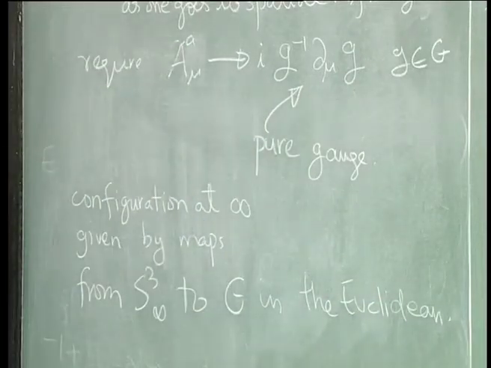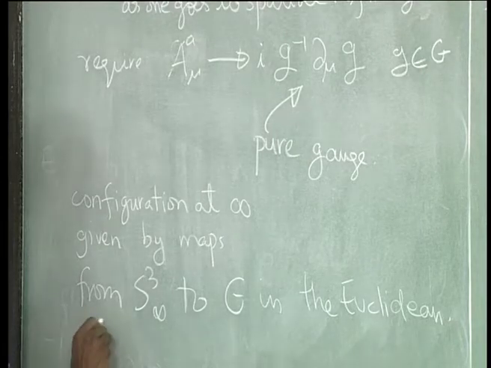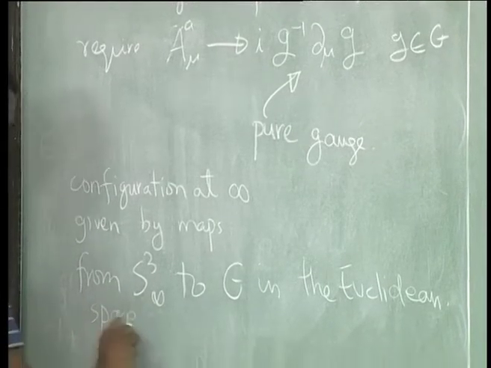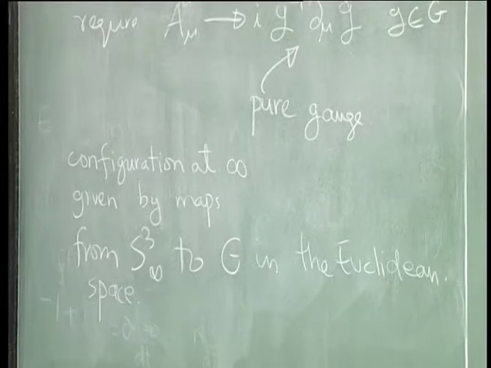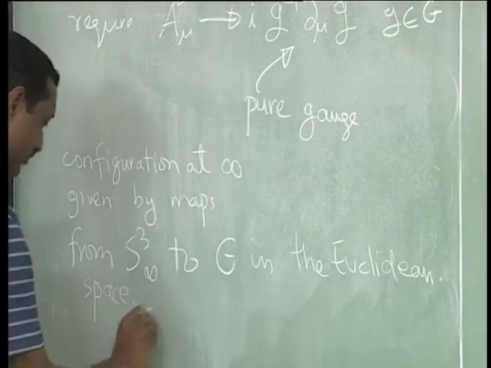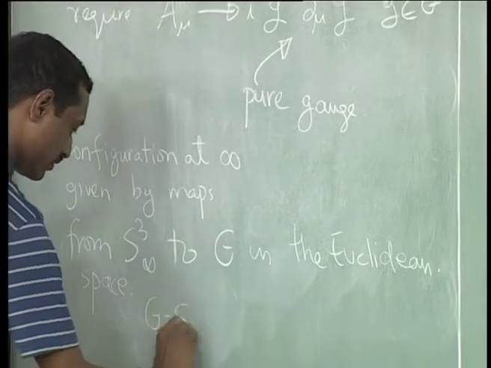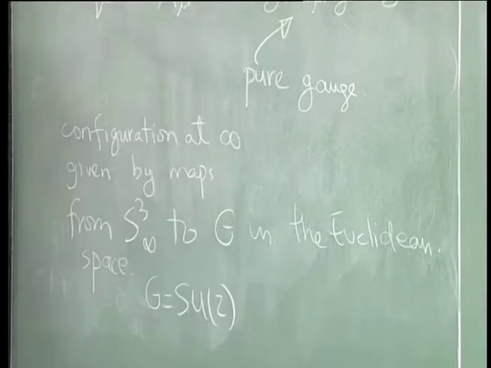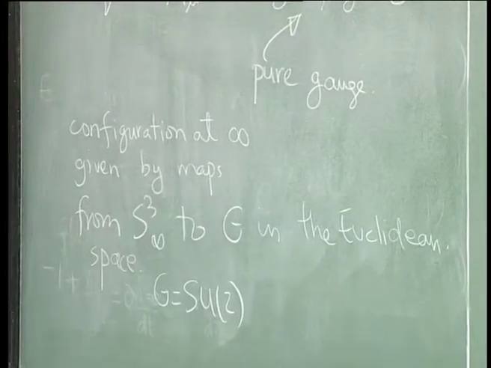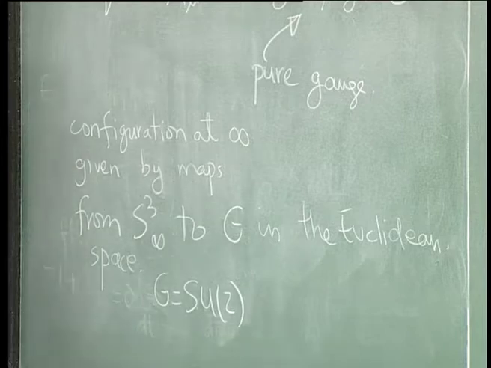In Euclidean space. Okay. So, let us take the case of G equal to SU2, then the group manifold is also an S3.